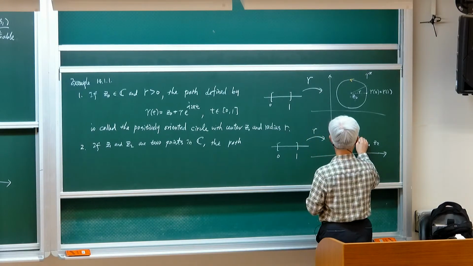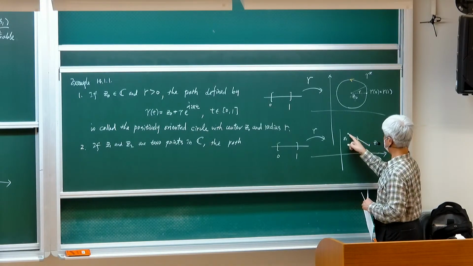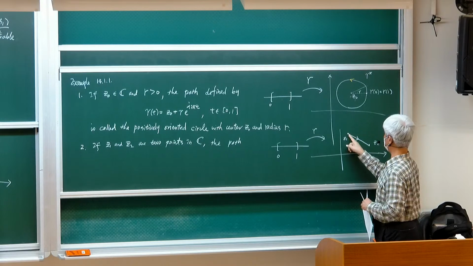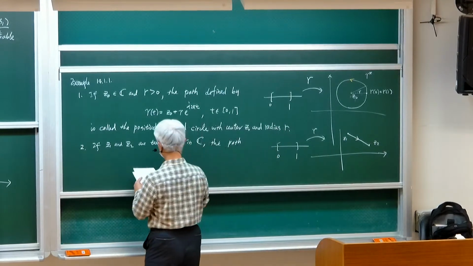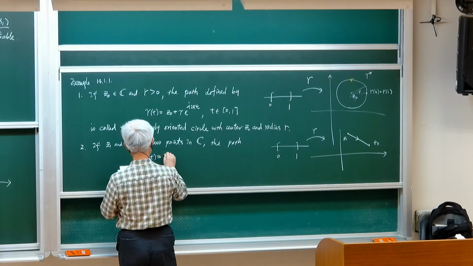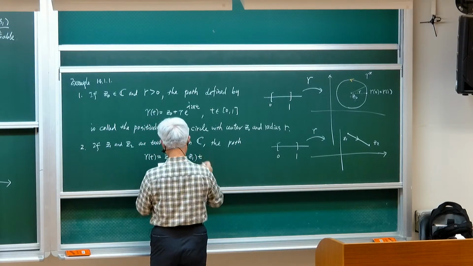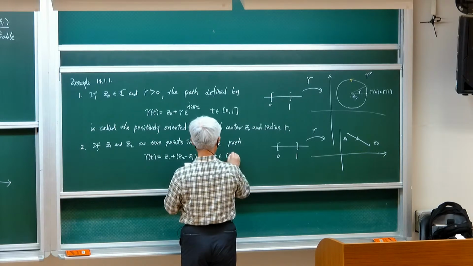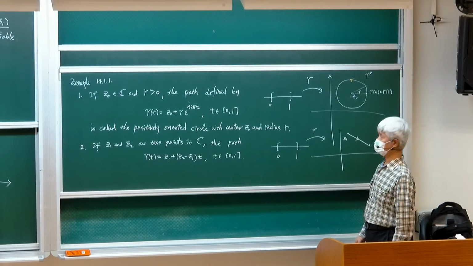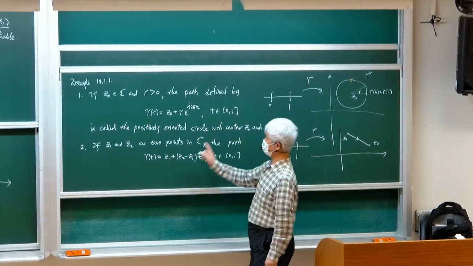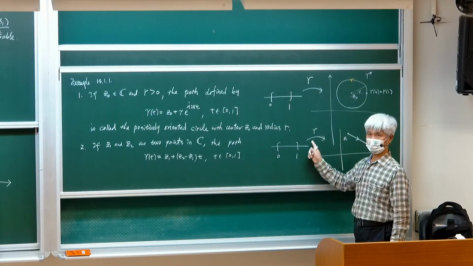Now we want to orient it to show that this curve is starting from Z1 and going to Z2. So how do we do that? Well, this is Z1 plus (Z2 minus Z1) times t, and t is in [0, 1]. So you can see that the line segment can be oriented by this path.